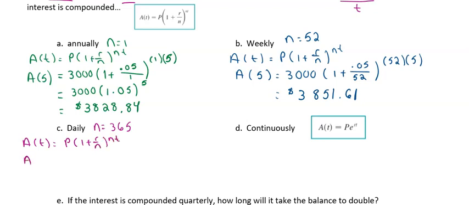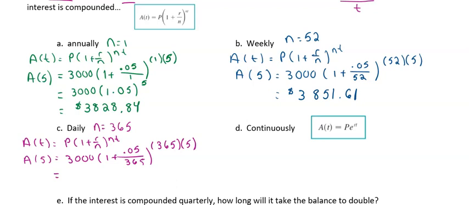Now this time our amount after 5 years is going to look like 3,000 times (1 plus r, this time still 0.05, but n is changing to 365), and it'll be 365 times our time of 5. So let's make sure that you are typing this in correctly.